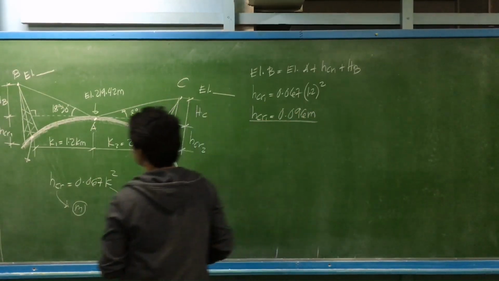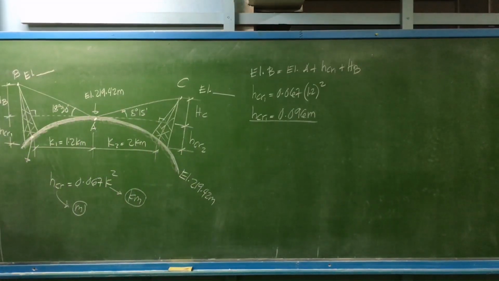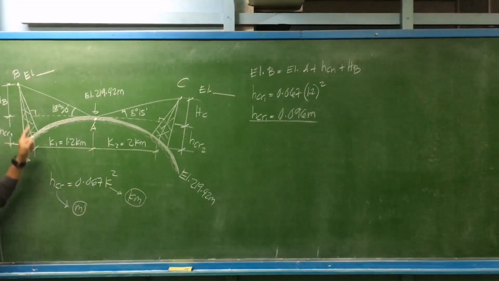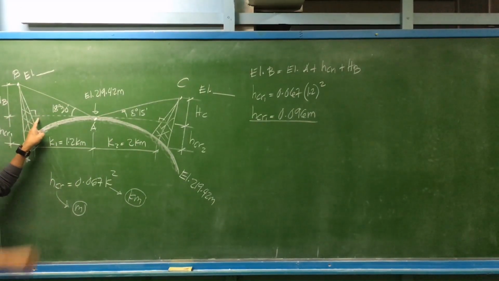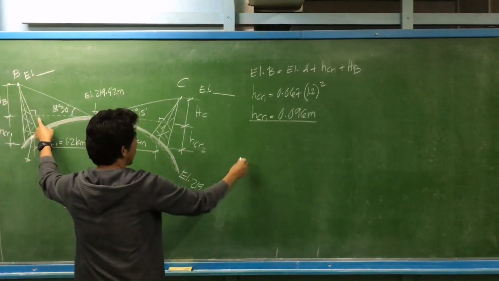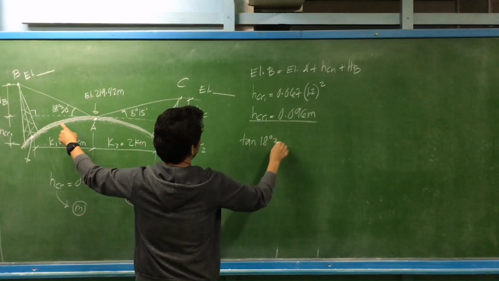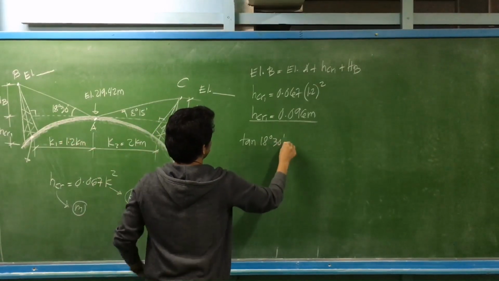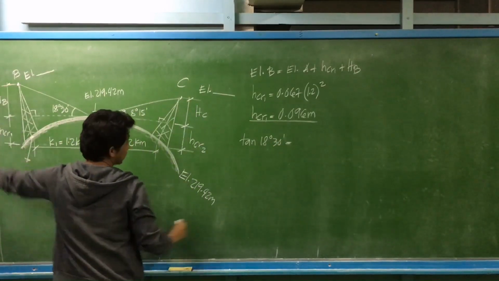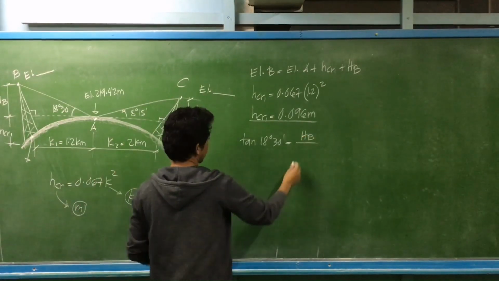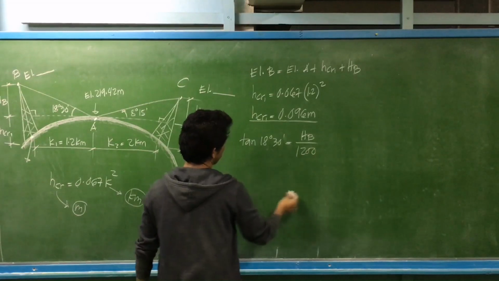Paano naman kunin yung h sub B? I-assume natin, since sabi natin horizontal yung line of sight at vertical yung mga structure, i-assume natin na 90 degrees yan. So kung 90 degrees yan, you can use tangent. This is tangent of 18 degrees, 30 minutes, that's equal to opposite, that is h sub B, divided by the distance, 1,200 meters.